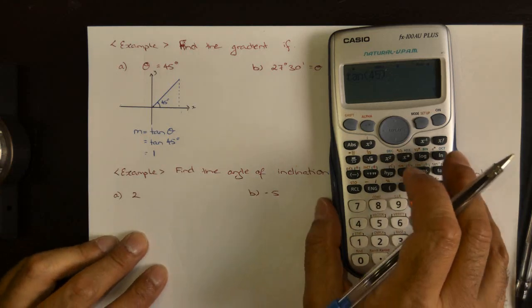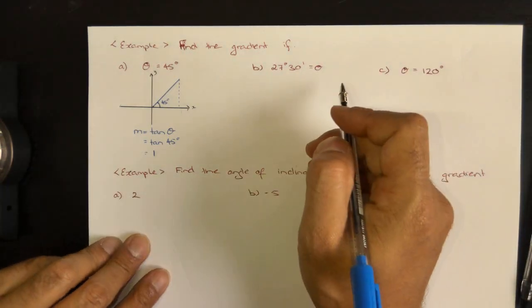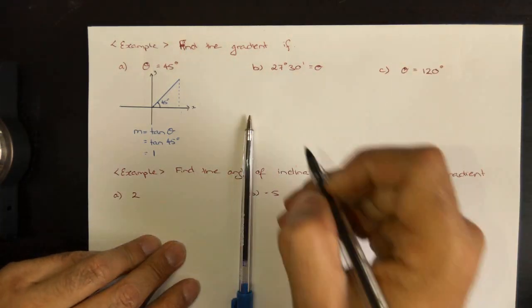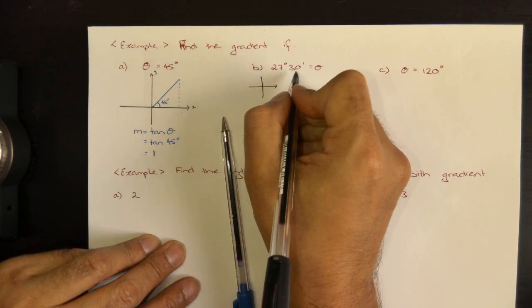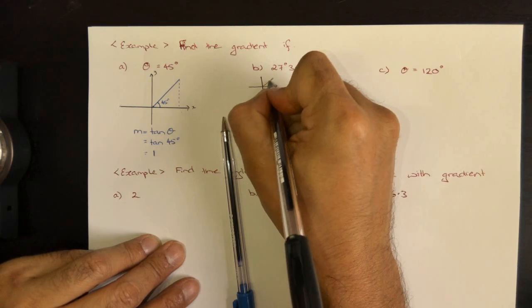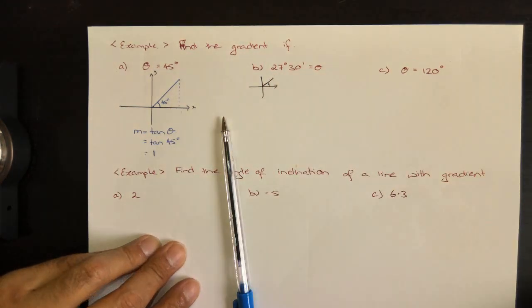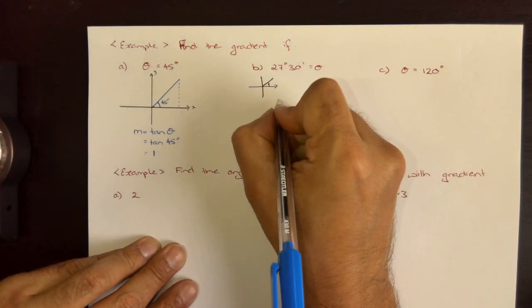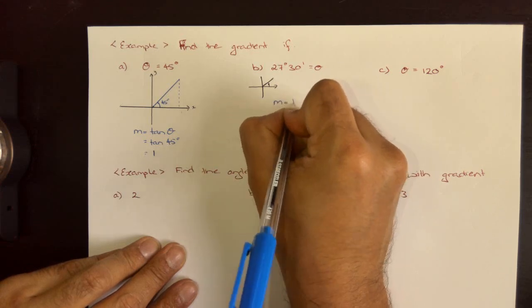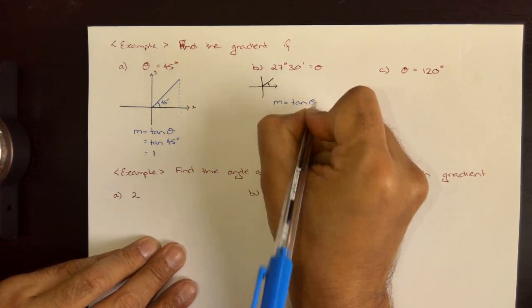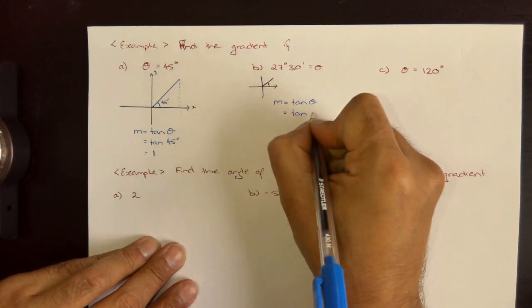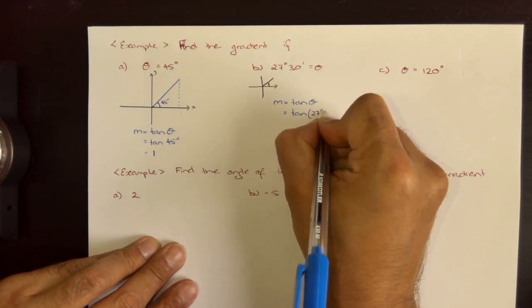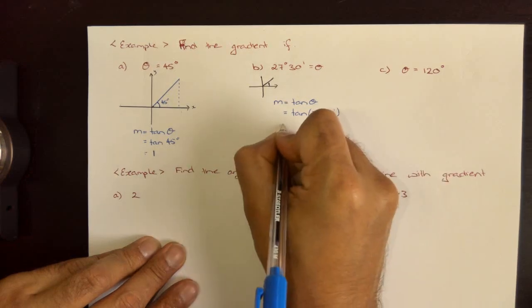Looking at this one, I'm just going to do a real rough sketch. 27 degrees and 30 minutes is somewhere around about here. Don't need to be accurate for this one. I'm going to use the formula that m equals tan theta. The theta in this situation is going to be 27 degrees and 30 minutes.